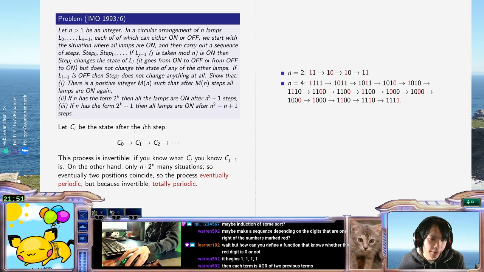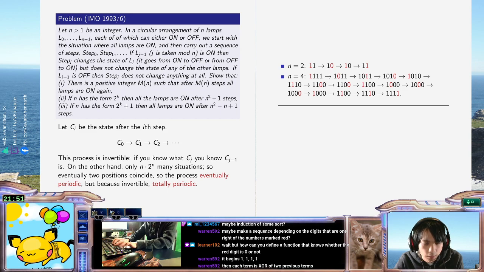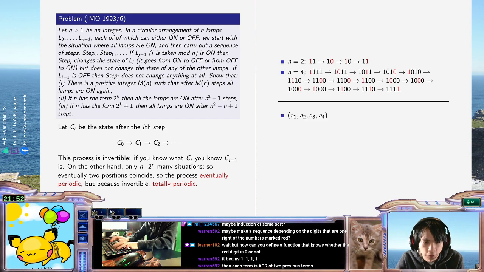Where I want to write out what happens if I do the operation n times. So if I'm at a state, a1 through an, if I do the operation n times, what do I get? So I just have to write this out. I'm going to write it out for, let's do 4 numbers to start.